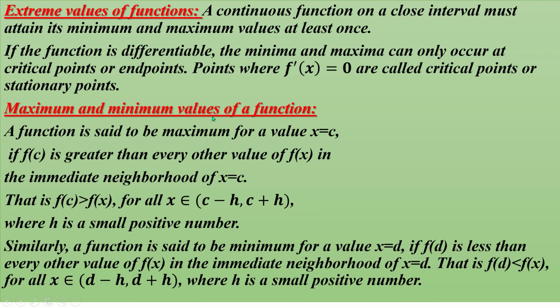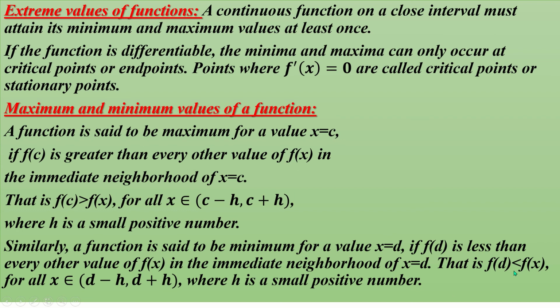Similarly for the minimum, we take x equal to d and f of d less than f of x for all x belonging to d minus h to d plus h. Clear? That means when we put a value less than d or greater than d, f of d is always less.